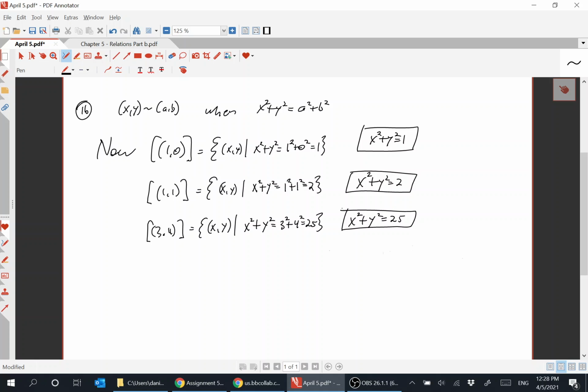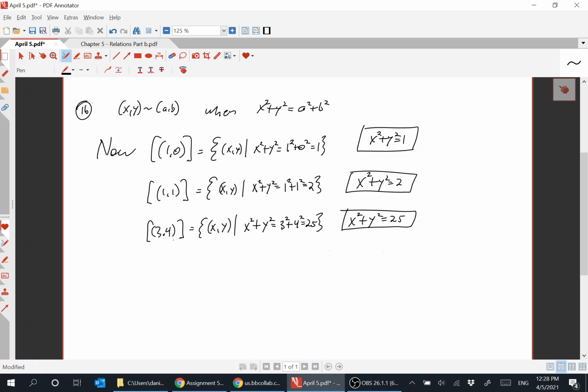And it's got so many integer points on it, in particular those with x and y being 3 and 4, or negative 3 and 4, or 4 and negative 3, so on and so forth. Or 5 and 0, 0 and 5.